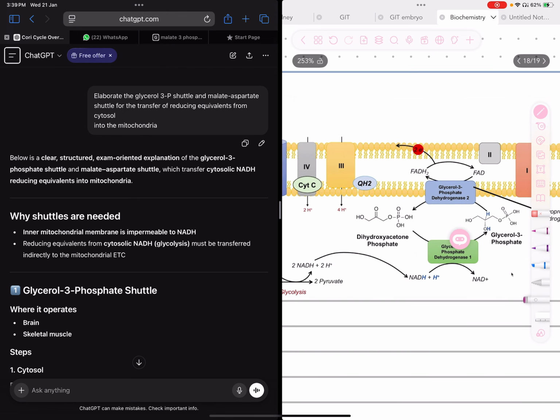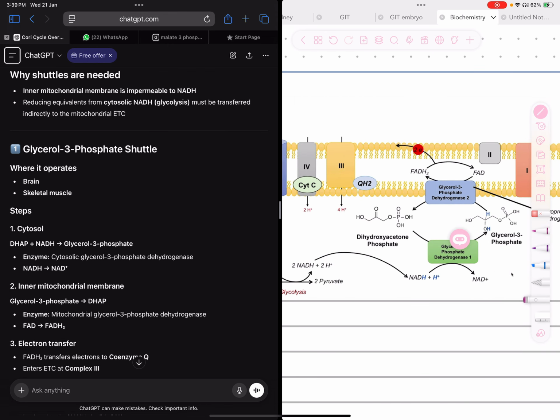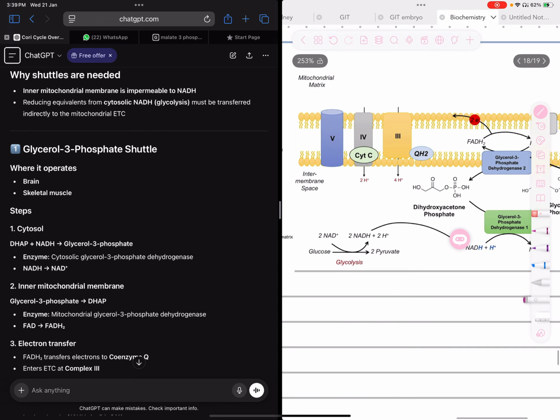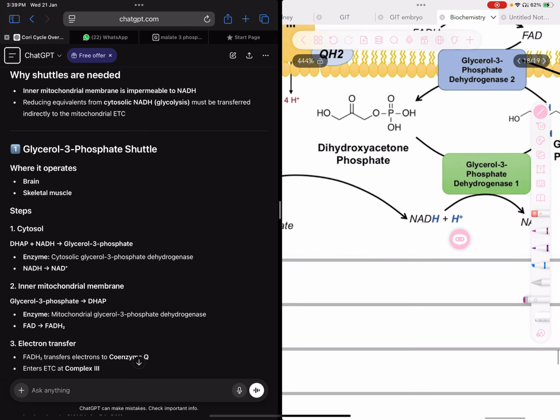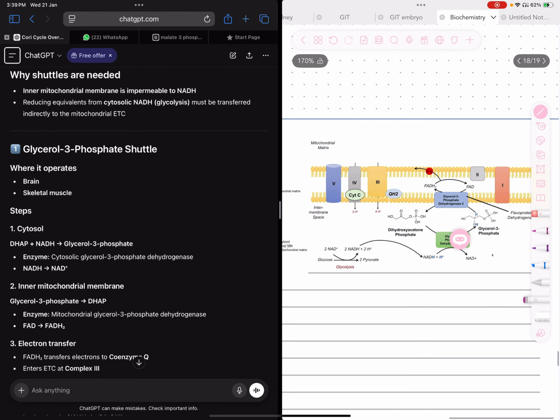And how is that done? So first of all, glycerol 3-phosphate shuttle operates in brain and skeletal muscle. The first step occurs in the cytosol, where DHAP, which is dihydroxyacetone phosphate, and NADH are converted into glycerol 3-phosphate.